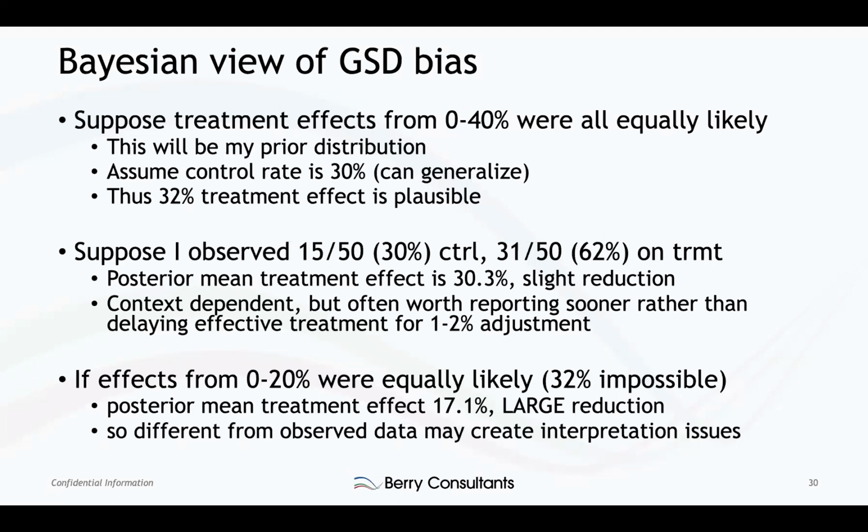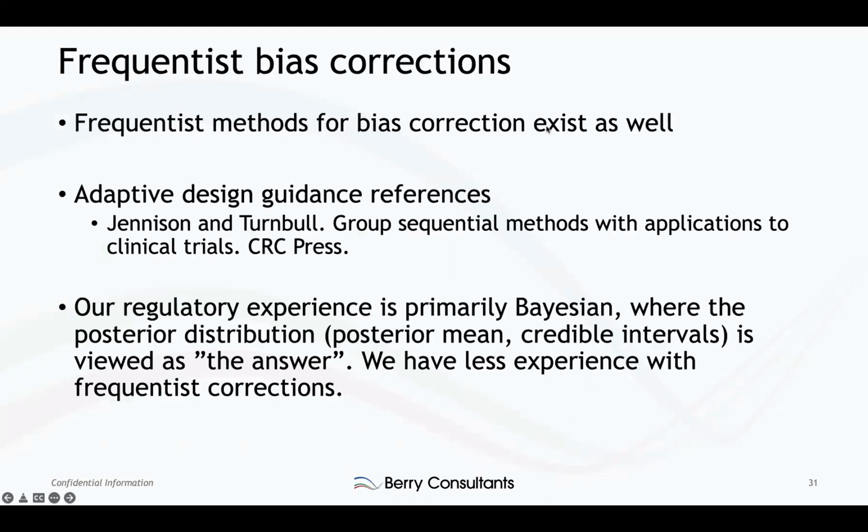I'm happy to, email us and we'll look at the blog. We'll write more on it as needed. From a frequentist standpoint, there are more explicit ways for confidence intervals. In the adaptive design guidance for the FDA, they recommend the materials in this book.